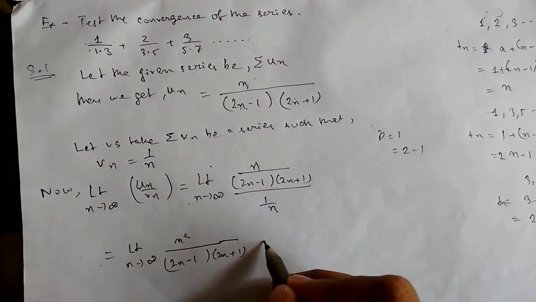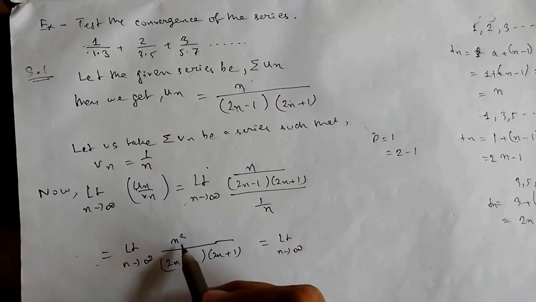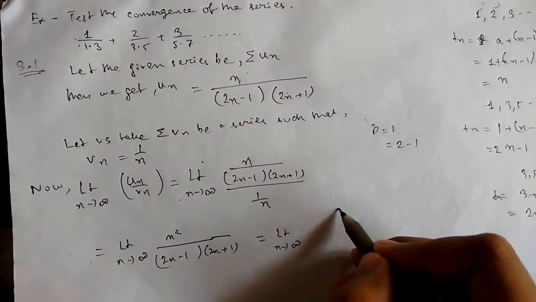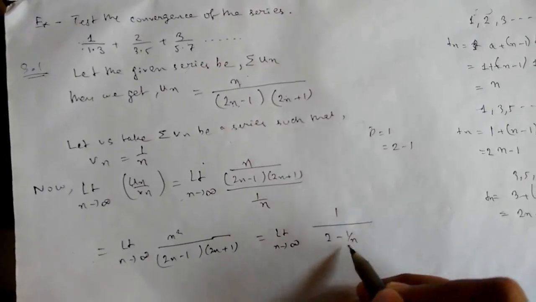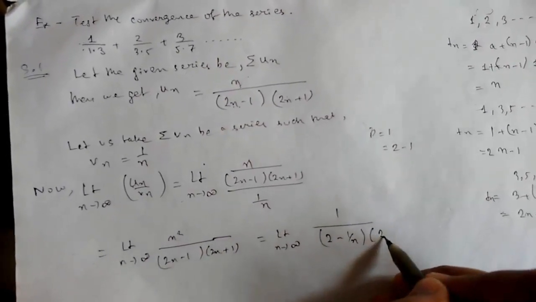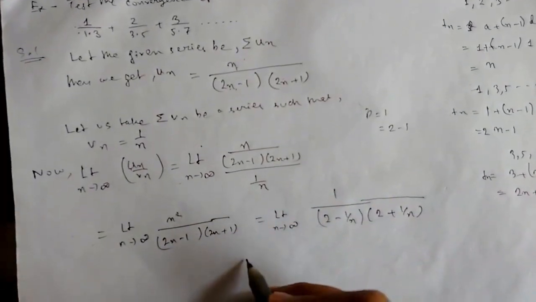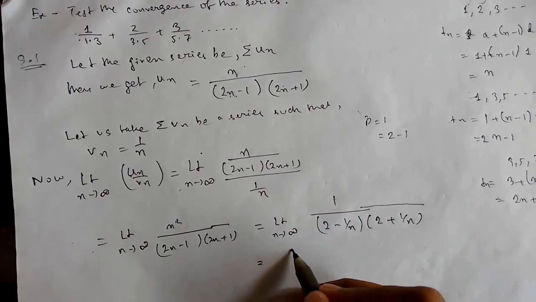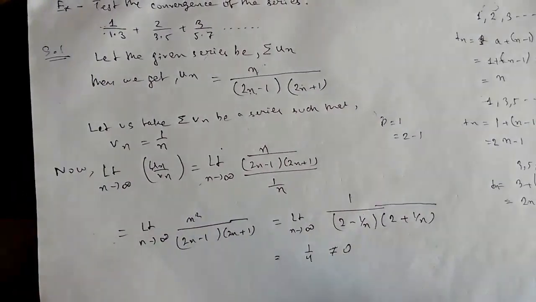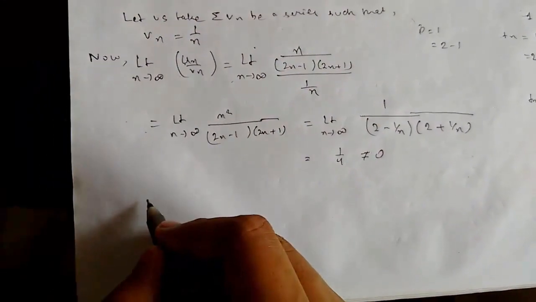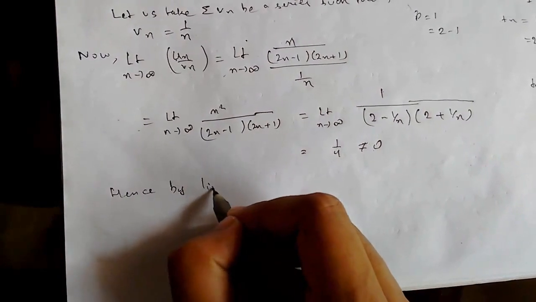Now we divide numerator and denominator both by n square, so this will be 1 upon (2 minus 1 upon n)(2 plus 1 upon n). Putting the limiting values, we get 1 by 4, which is not equal to 0.